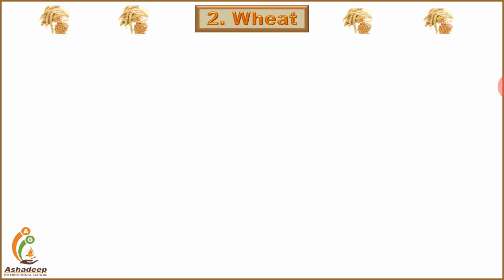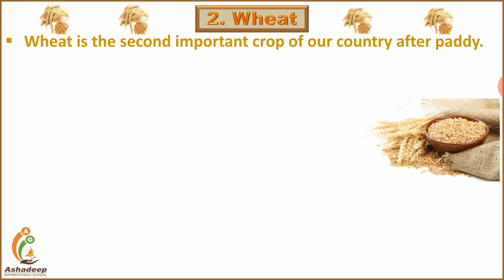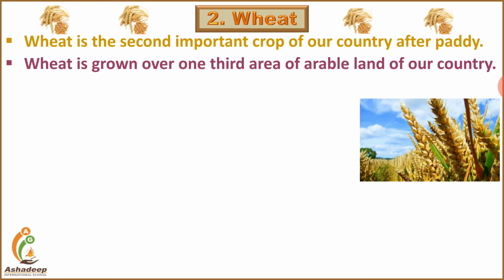Now another important crop which is grown in India, and one of the important food grains, is wheat. Wheat is the second most important crop of our country after rice. In India, the majority of people living in southern India use rice as their main food or main diet.